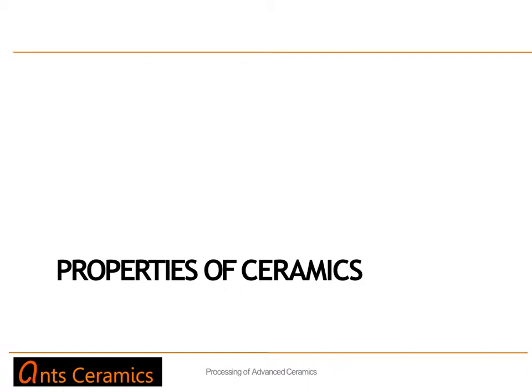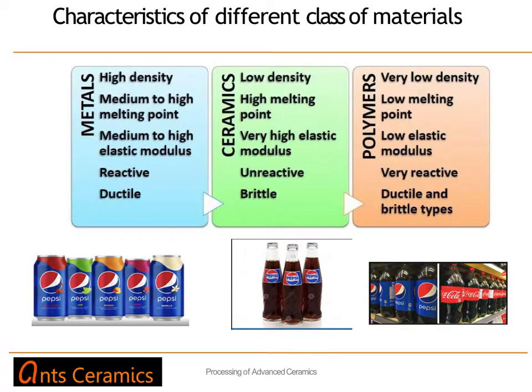So now we will see different properties and comparison of ceramics with other materials. Materials in broad respect can be categorized in three parts: metals, ceramics, and polymers. Ceramics, density wise, are lower than metals but higher than polymers.